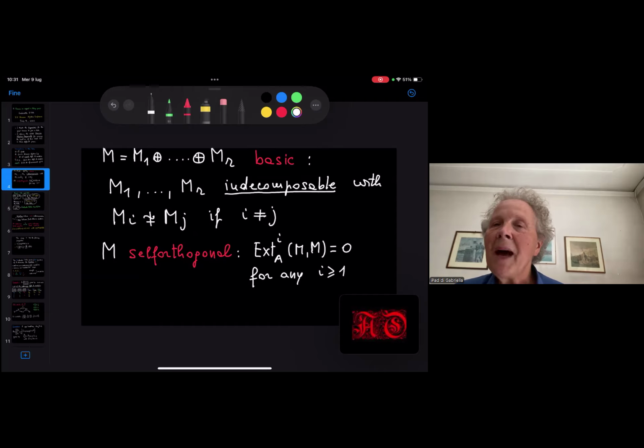That is, Mi is not isomorphic to Mj if i is different from j. Another definition used in the following is that of self-orthogonal module. A module M is self-orthogonal if for any positive integer i, the groups Ext^i(M, M) are 0.